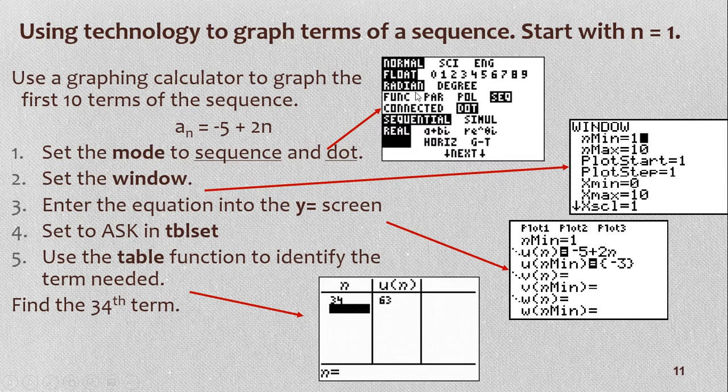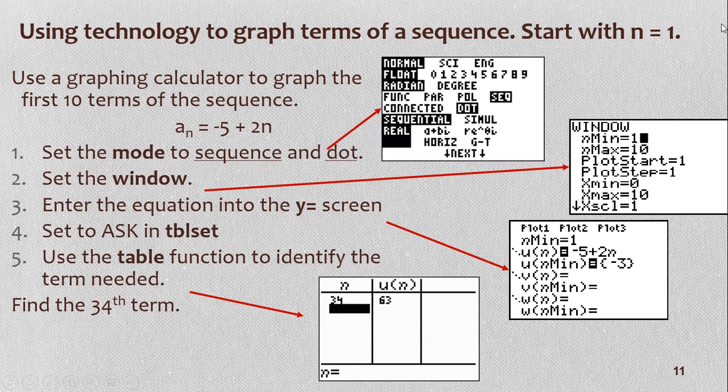We're normally on function. We want to move it and enter sequence. And if we're just doing separate points, we'll use dot. Now on the newer calculators, it's going to say thick dot or thin dot. I usually use thick dot there, but you want to set it to seq and you want to set it to dot, or sequence and thick dot.